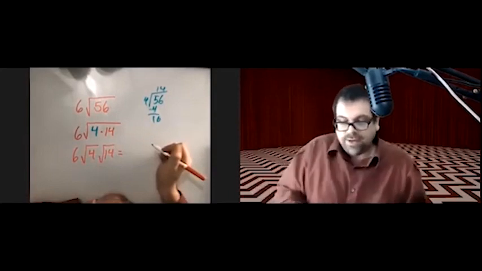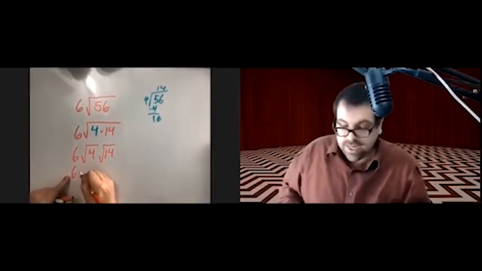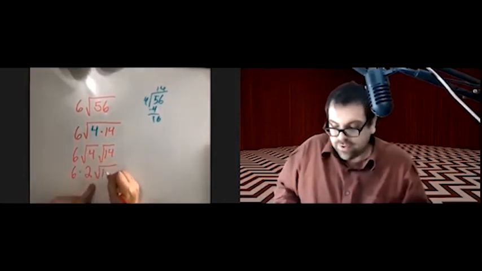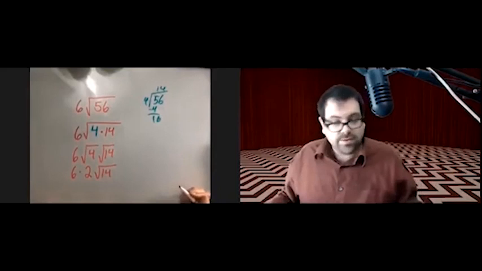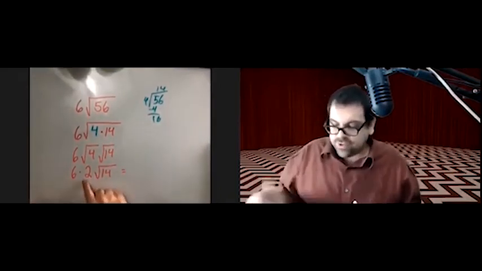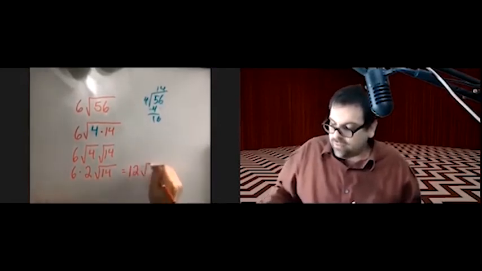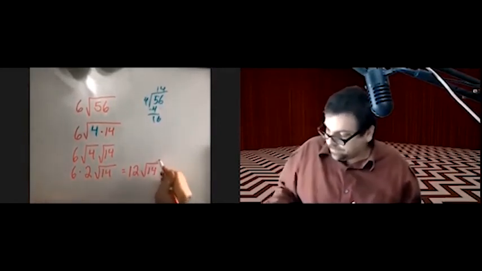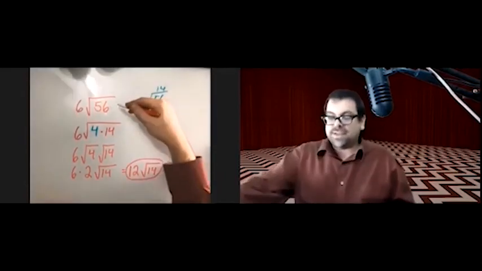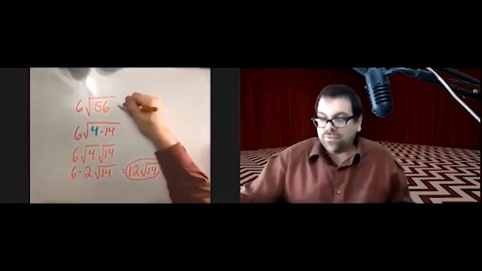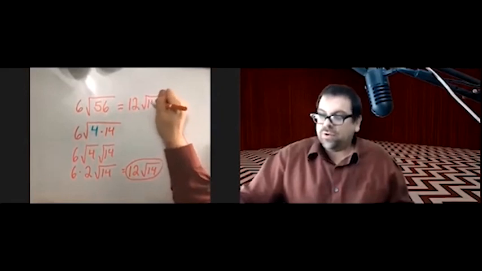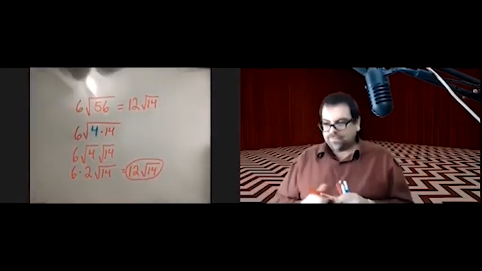I'm going to keep going down. 6 times the square root of 4 is 2 times the square root of 14. 6 times 2 is 12. So the final answer, 6 radical 56 is equal to 12 radical 14.